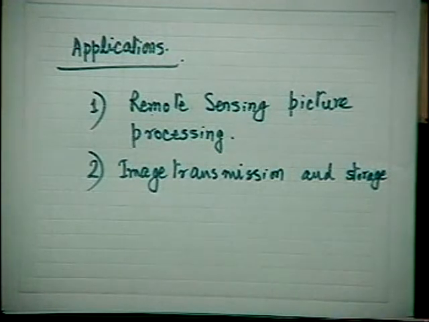And the problem that you normally face is, if you are trying to transmit an entire picture from one place to the other, you remember I was telling you that a small picture like the one I showed you sometime back may require 256 by 256 pixels, each pixel containing 8 bits or a byte of information. So that means the entire picture has 64 kilobytes.